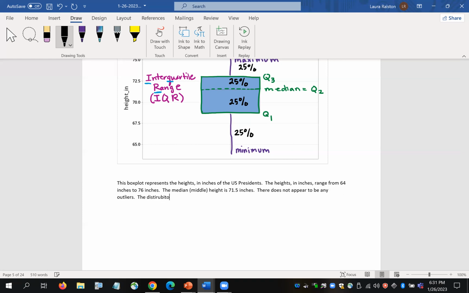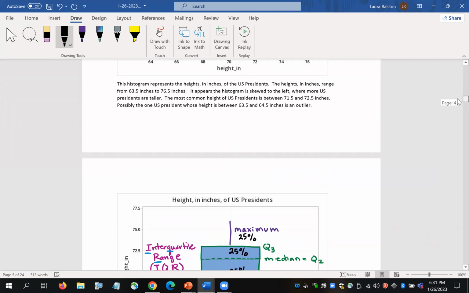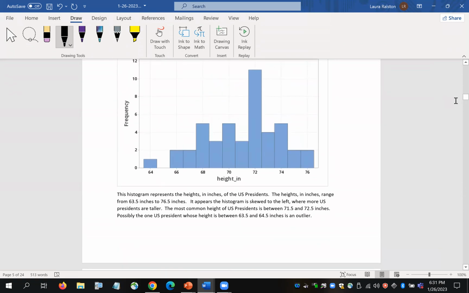The distribution appears to be, and you could argue, do you think this box is in the center? Do you think it's further up towards the high or the low? It really should be the same as what you said for the histogram. The histogram we felt, or at least I said, was skewed to the left.